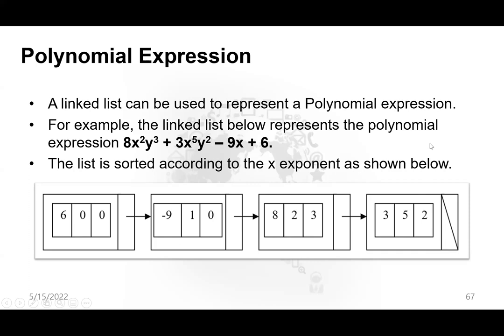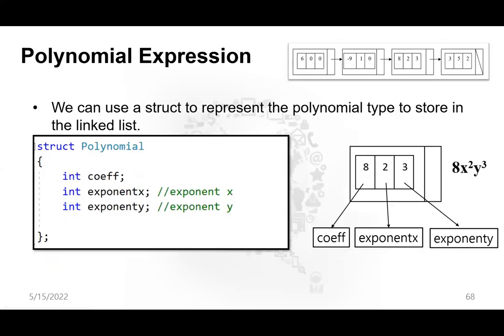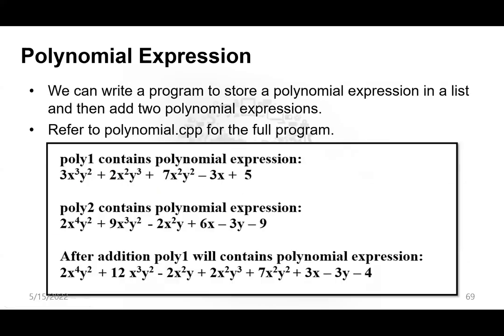Now, we have this structure created so that we can use it to represent the polynomial expression. Then what we want to do in this program is write a program to store polynomial expressions in a linked list, and then write a function that can help us add two polynomial expressions together.